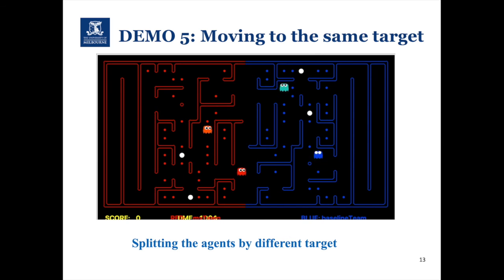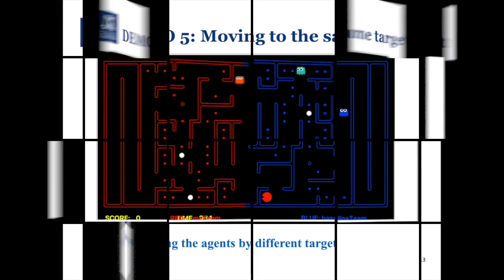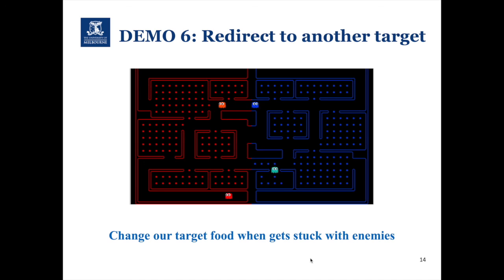Demo 5 shows that our agents will not move towards the same target at the beginning because we are setting two different targets for them. However, the agents could still move to the same targets later, and this could be a disadvantage of approach 2. Demo 6 shows that the Pac-Man will switch the target field to avoid getting stuck with the enemy ghost. However, switching the target field cannot guarantee to solve this problem.